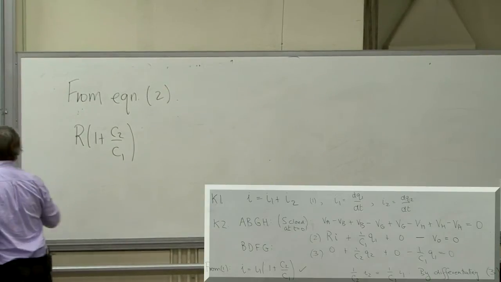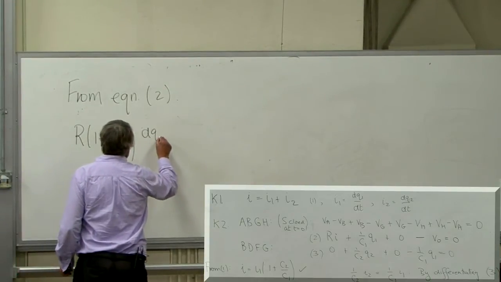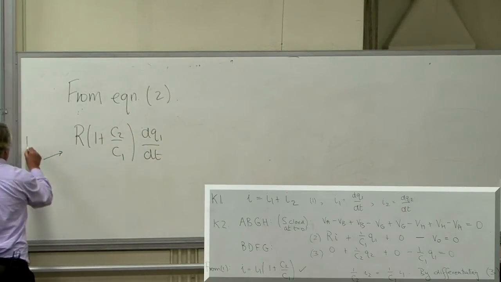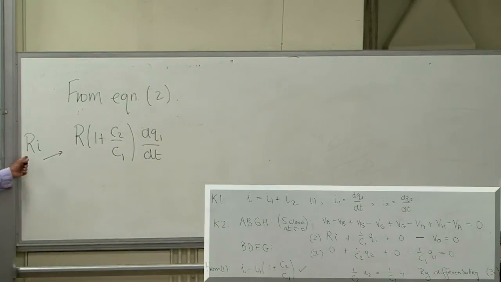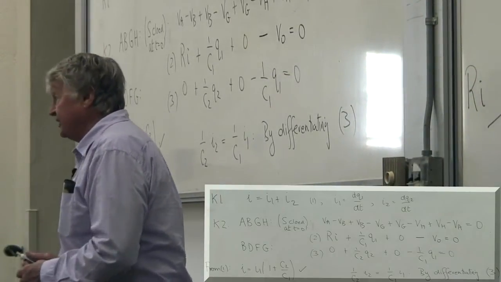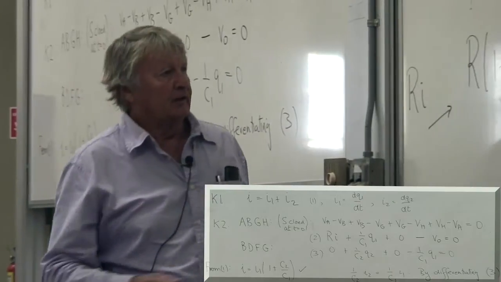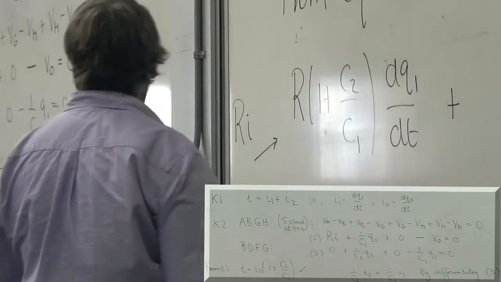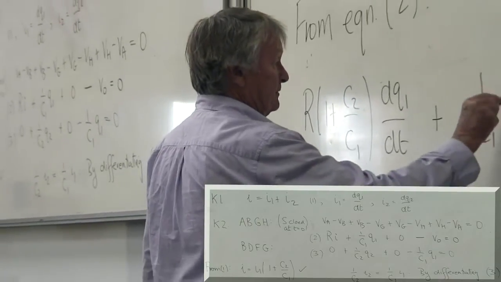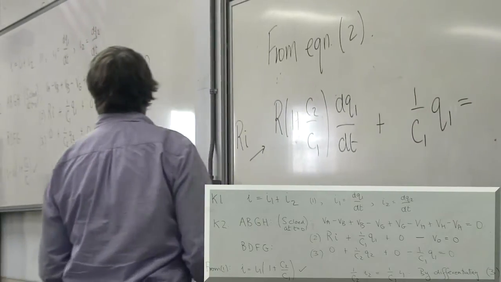It's dQ1 by dt. So R times I is R times I1 times 1 plus C2 over C1, but I1 is dQ1 by dt, plus 1 over C1 Q1 equals V naught.